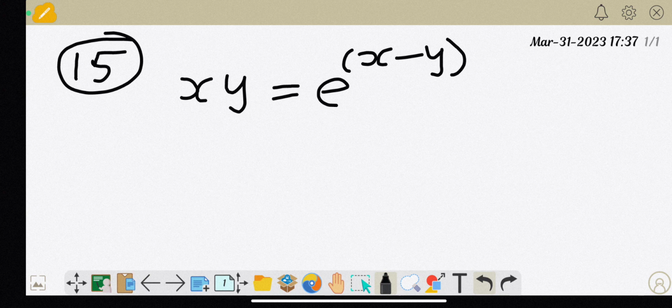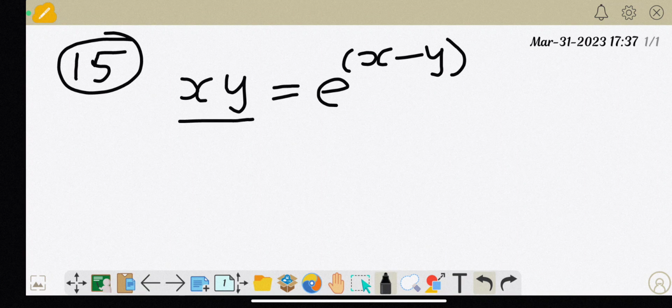Actually you can solve it in two ways. You can apply log on both sides, or you can directly differentiate this. You know e to the power x differentiation is e to the power x itself, right? So we'll try to solve it in both methods and check the answer.